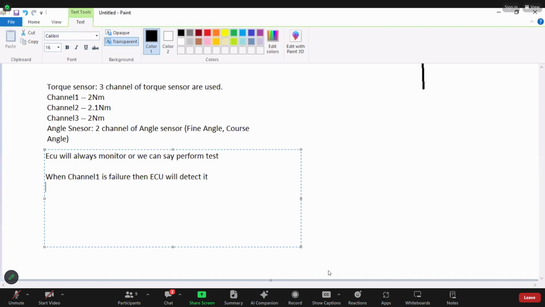So it will trigger a fault named torque channel 1 fault, which will be set to true. The ECU. Understood, guys?